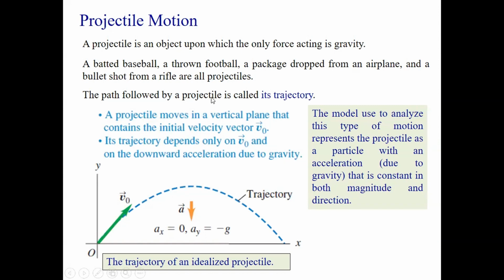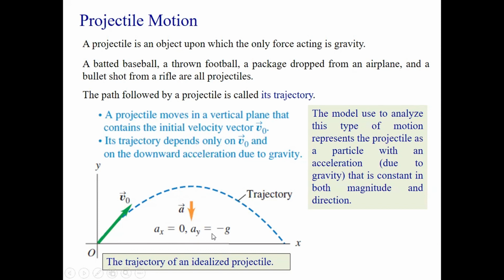The path followed by a projectile is called its trajectory, and this model is going to be used. Let us brief the model. A projectile is going to move in a vertical plane. This is the xy plane. It will contain the initial velocity vector at time t equal to 0, and its trajectory is going to depend on this v0 velocity vector and only the downward acceleration due to gravity, shown here. So the ax component will remain 0.